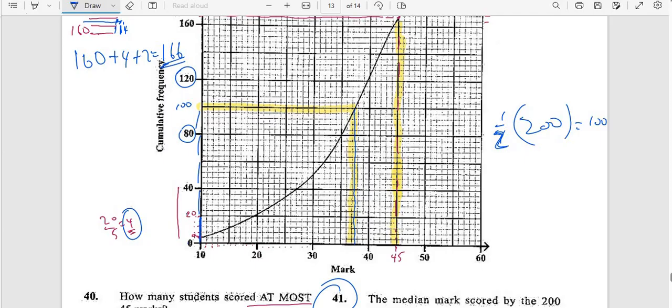Each of these boxes is actually 1. So this is 30, this is 35 in the middle here, between 30 and 40. 35, 36, 37, and it looks like between 37 and 38. So 37.5 right here. So that's going to be the median mark, 37.5.